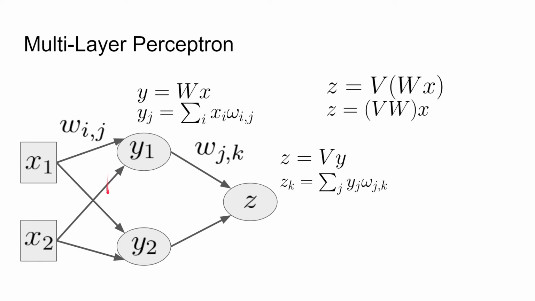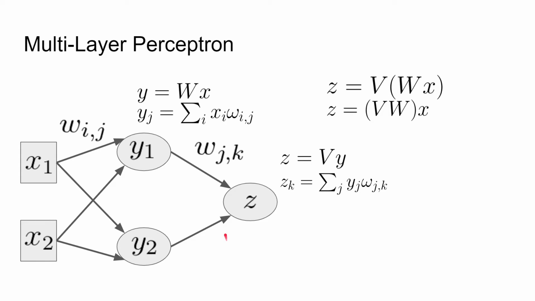Even if I had 10 layers of weights in here, I could just as easily collapse it all down to one layer of weights that go directly from X to Z. And so that's not going to give us any advantages. It's still going to be as powerful as a simple perceptron with no features.